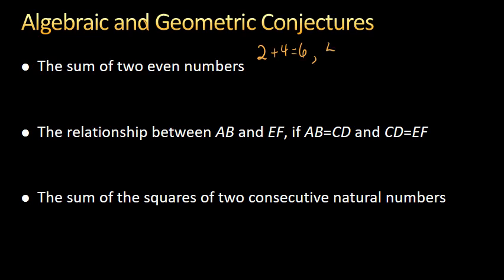And 4 plus 6, two even numbers again, equals 10. And then let's say 6 plus 8 equals 14. So I've added two even numbers, and the pattern that I can see here is that the sums of those numbers are also all even numbers.